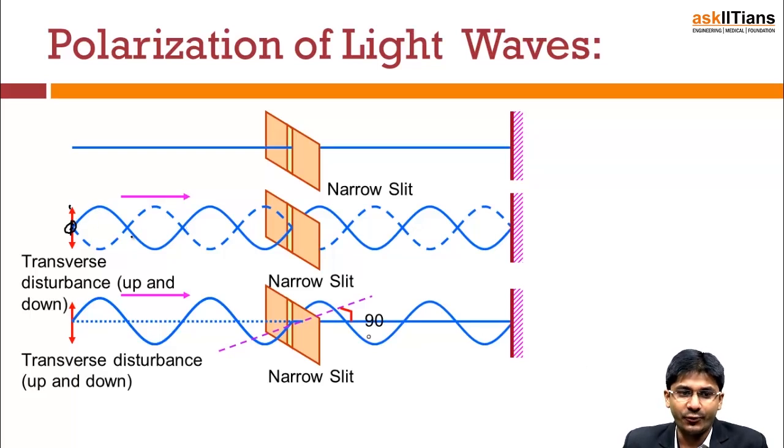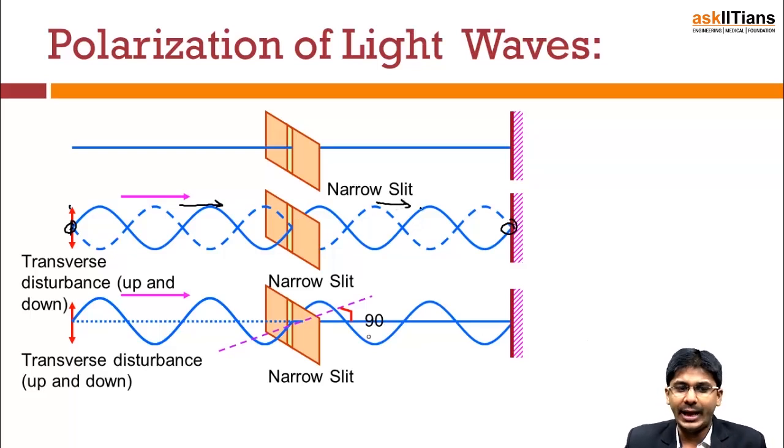Now if the slit is like this, it can easily cross that slit, because the slit is along that disturbance direction. So the direction of disturbance and the slit width are in the same direction, so that disturbance is able to pass through and reach here.